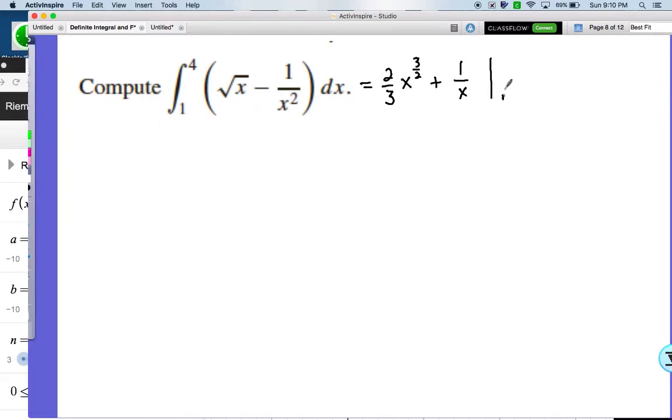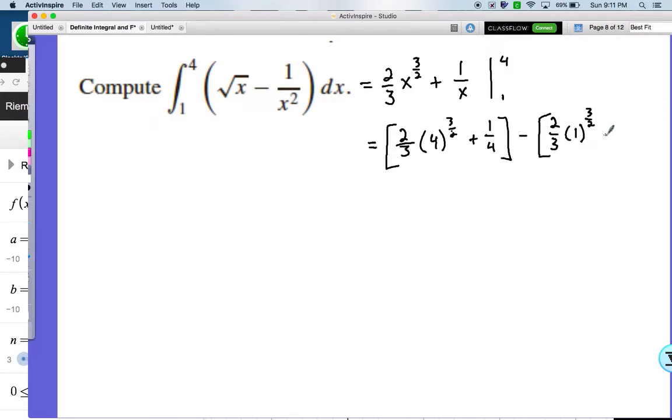And now I need to go from 1 to 4. In the fundamental theorem of calculus, I plug those numbers in. So I've got 2/3 times 4 to the 3/2 power plus 1/4, minus 2/3 times 1 to the 3/2 power plus 1/1.